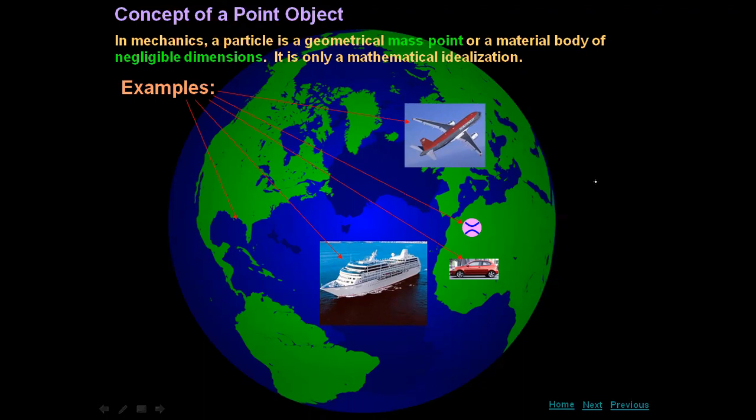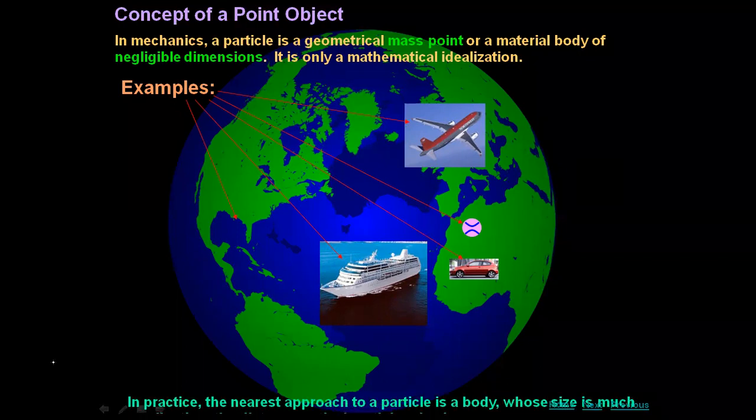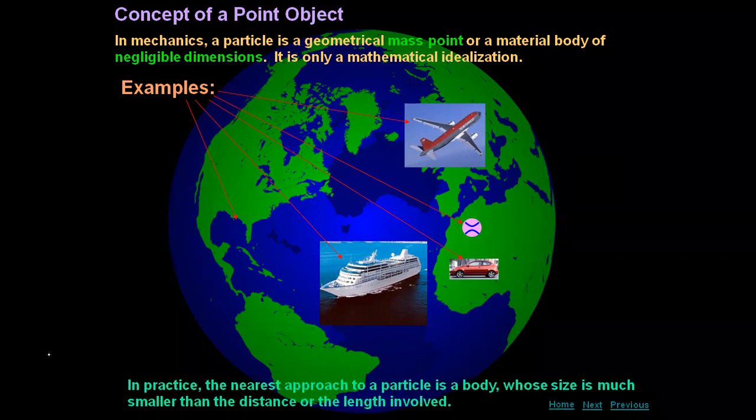This is called a point object, the concept of point object. In practice, the nearest approach to a particle is a body whose size is much smaller than the distance or the length involved. This is the definition of a point object.